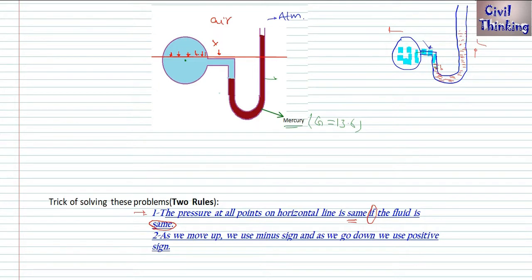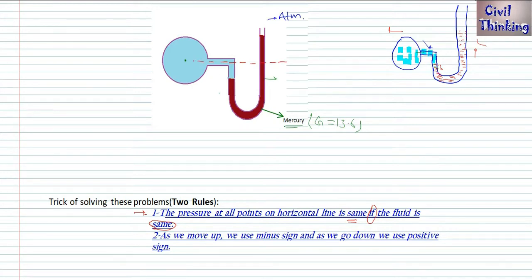Now if we are going to draw another line like this, let me use the pencil. If I am going to draw a line, let me erase this one first. Now if I am drawing a line from here, see carefully.